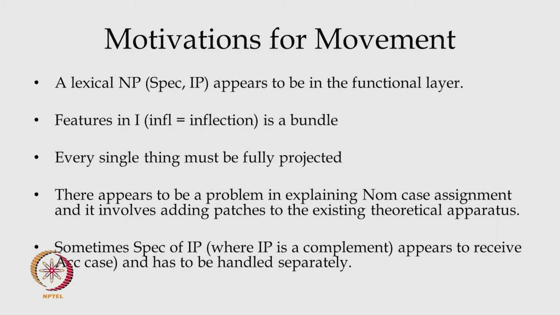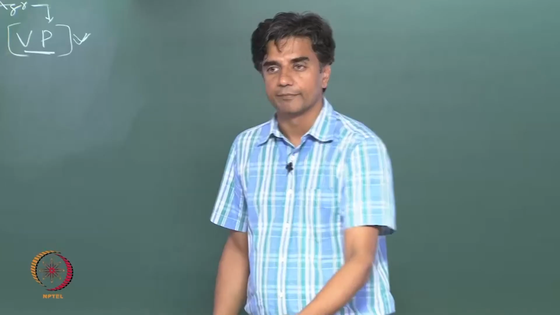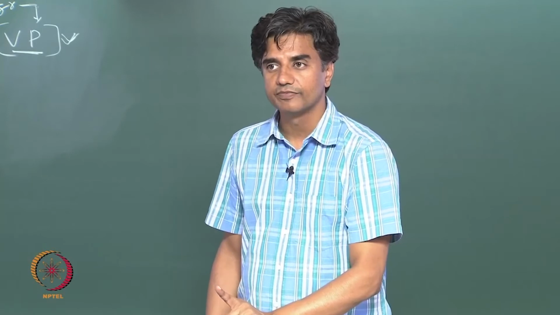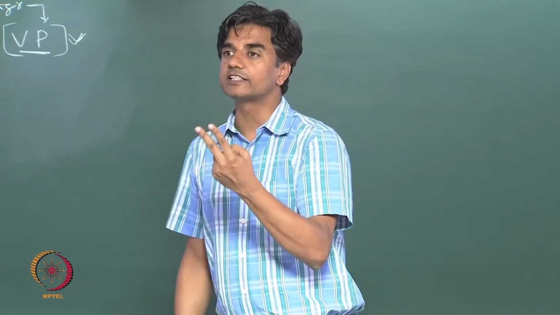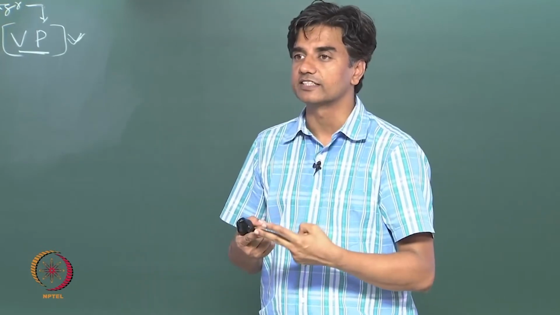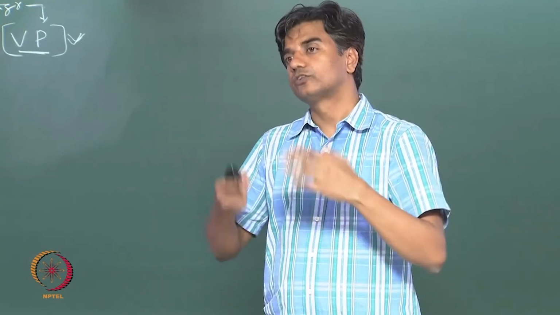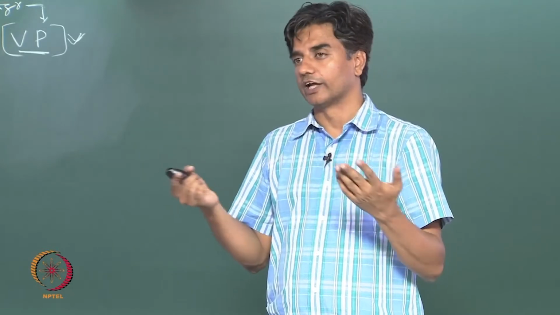And then finally, sometimes a spec of IP, where IP is a complement, appears to receive accusative case and has to be handled separately. That's about ECM. Remember exceptional case marking yesterday? So we are not only saying we have two different ways for marking nominative and accusative case, we are also saying that two different ways are also not enough.